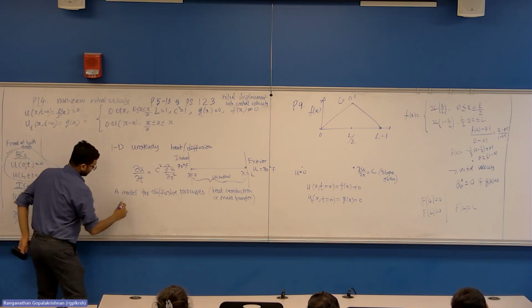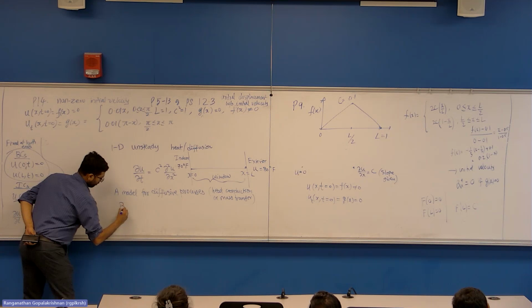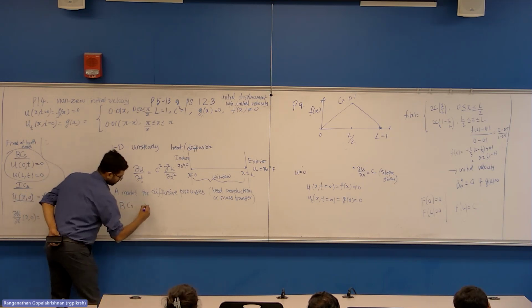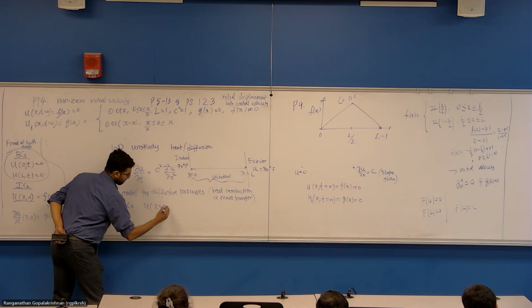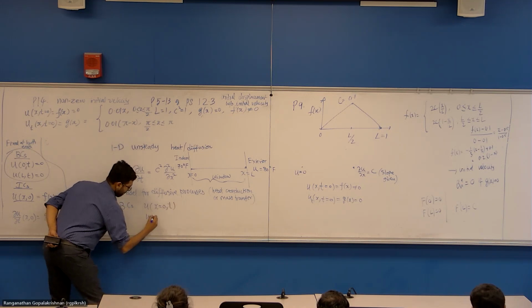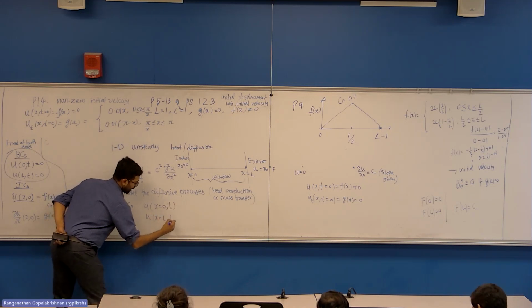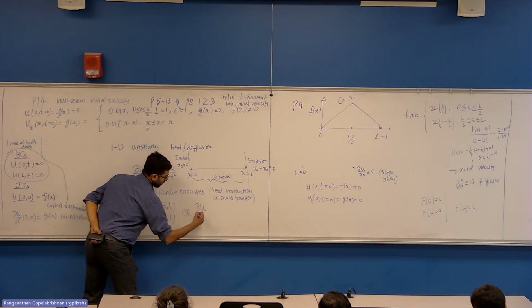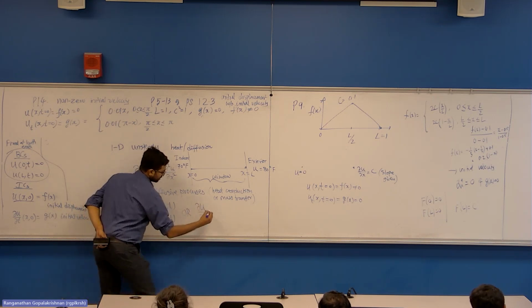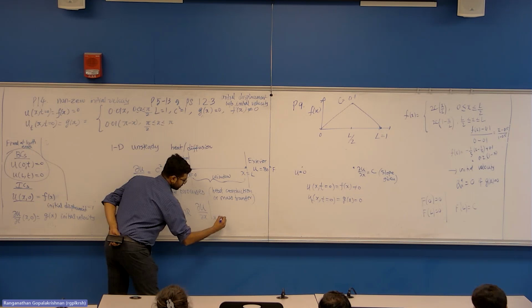So to solve this, you need boundary conditions which should specify U at both ends, x equal to 0 and x equal to L at time t, or you could have partial U over partial x at either of the ends.